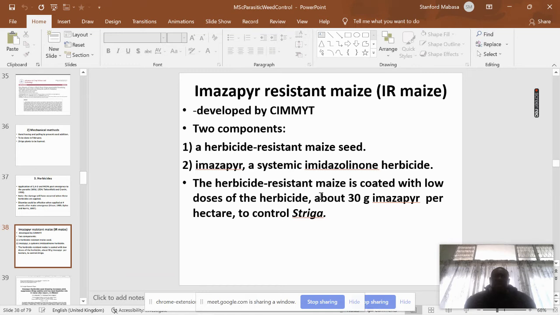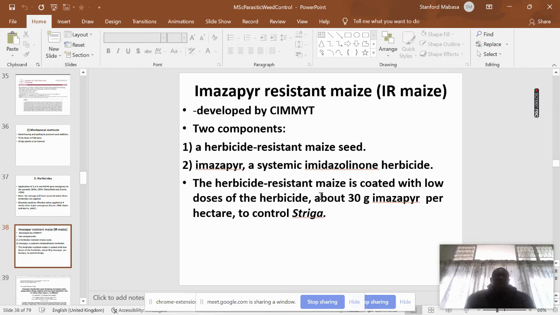It's already within the seed. It's seed dressed. The farmer doesn't have to spray this herbicide. It's already on the seed. That is the smart part. It looks like a smart technology.